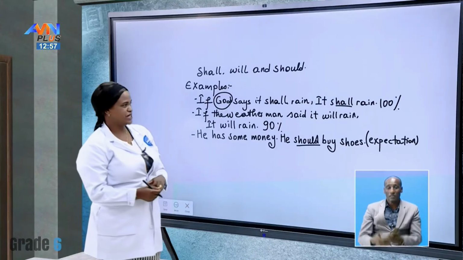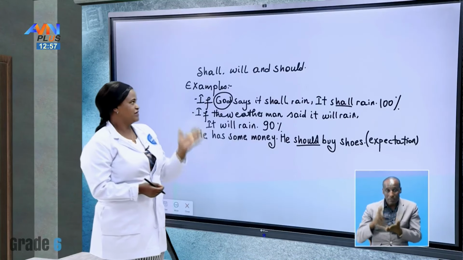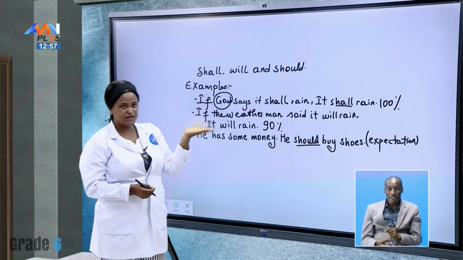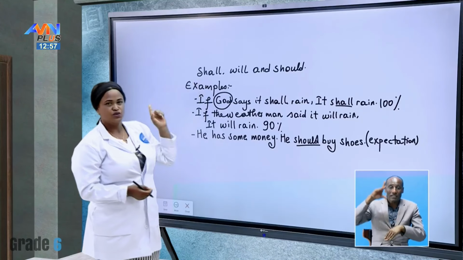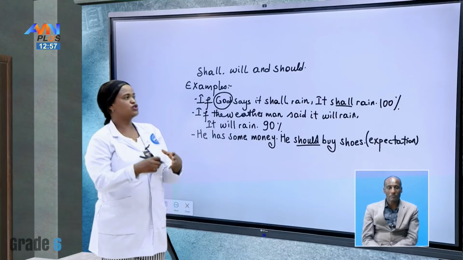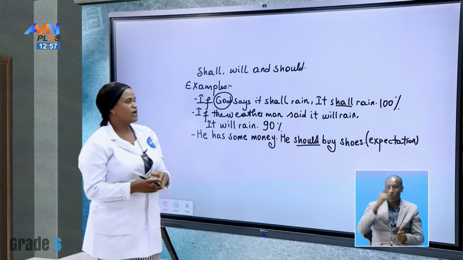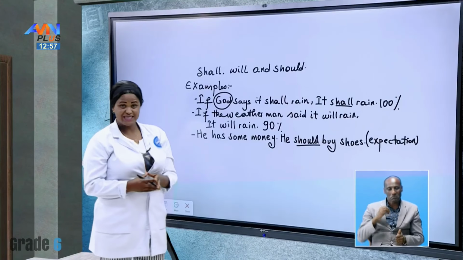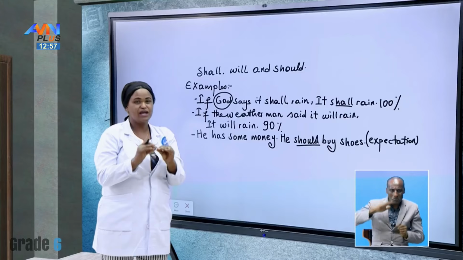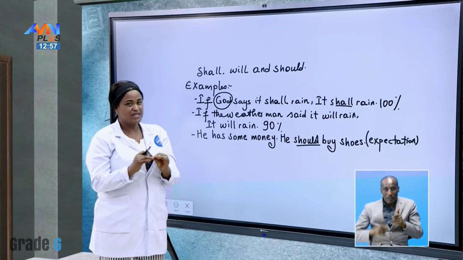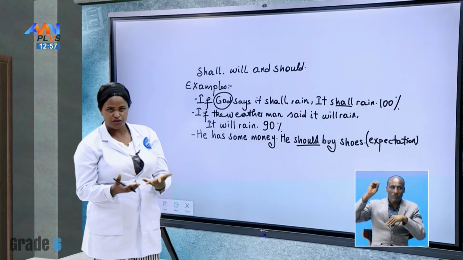Now, can you tell the difference between these three? The possibility of these three is above half. The first one, shall, we use it for a possibility which we believe is 100%. For the second one, will, the possibility is a little bit lower than the first one, but the certainty rate is above 50, which is 90%.